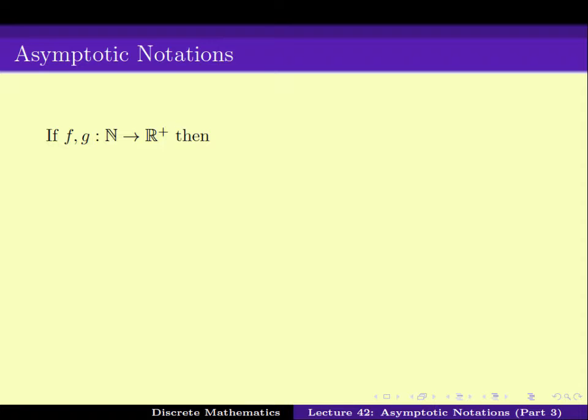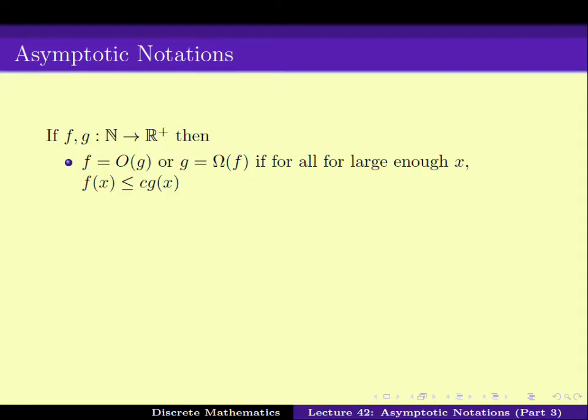In the last video, we explained the asymptotic notations carefully. For example, we say f is big O of g if f(x) is less than some constant times g(x).